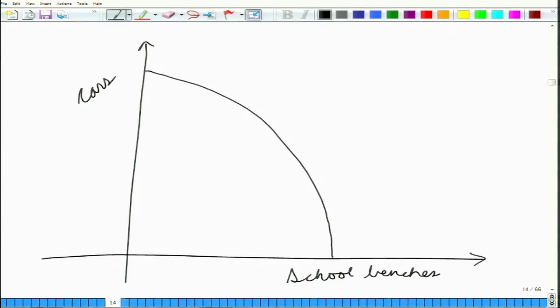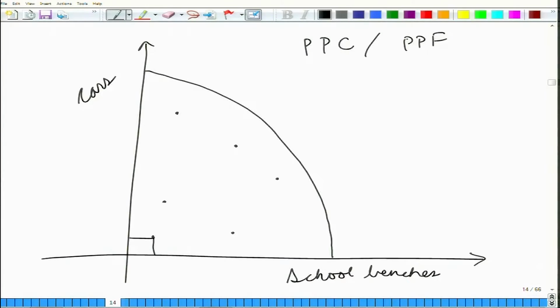So in that case this is your curve, and this is known as the production possibility curve or the production possibility frontier. And in this case you can take any point that is inside this. So as a society you might even decide that you will make only say one car and one school bench, and you will keep all of your remaining iron and steel as such.